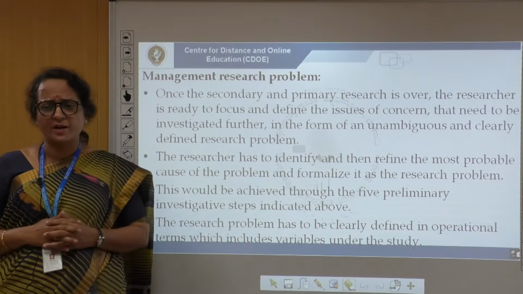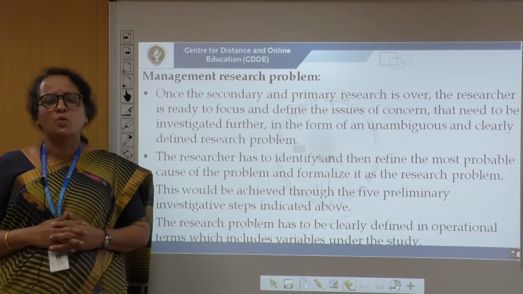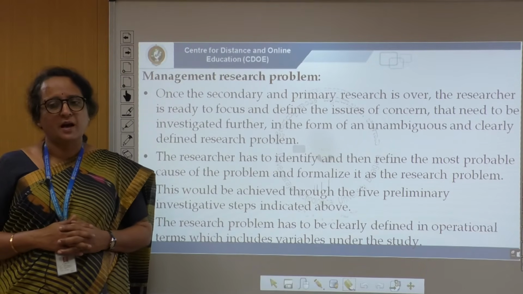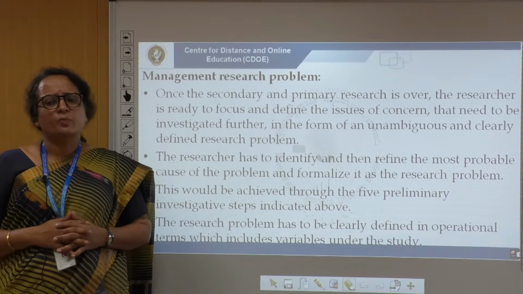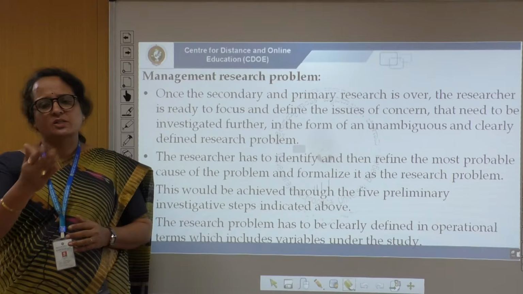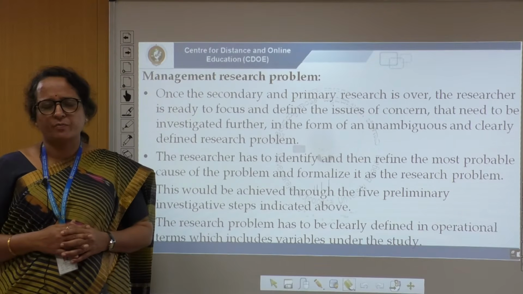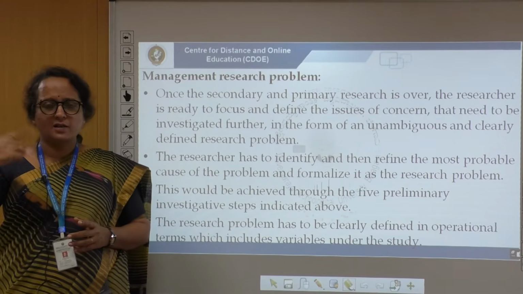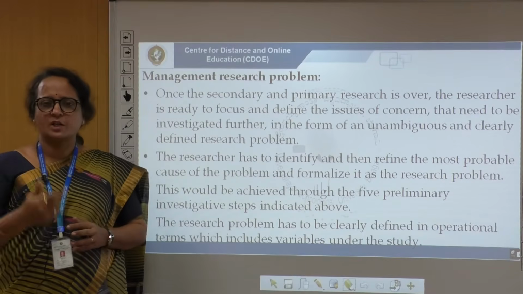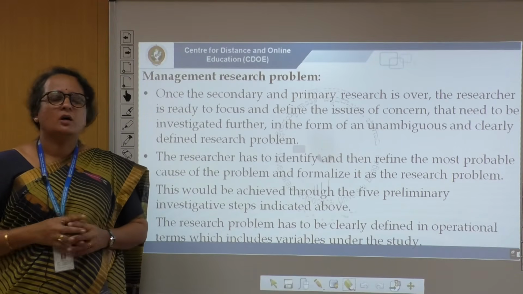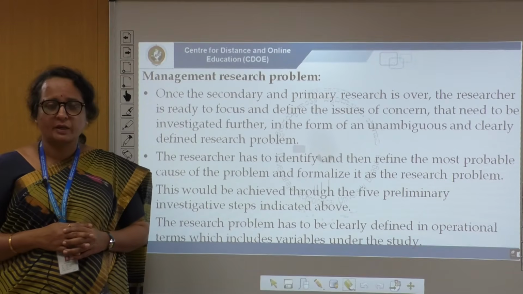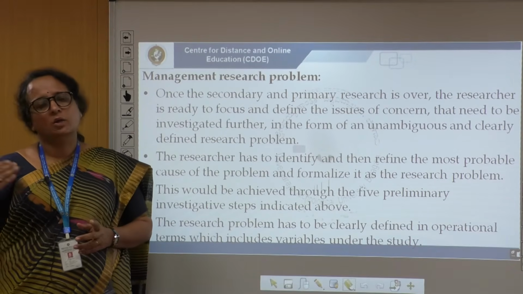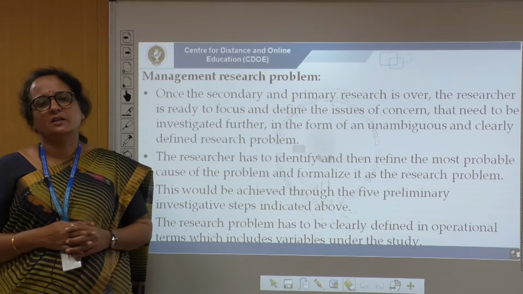The researcher has to identify and then refine the most probable cause of the problem and formalize it as a research problem. This would be achieved through 5 preliminary stages, which I have already discussed. First is understanding the decision problem, then discussion with the experts, then the literature review, then secondary analysis, and then qualitative research will be conducted.